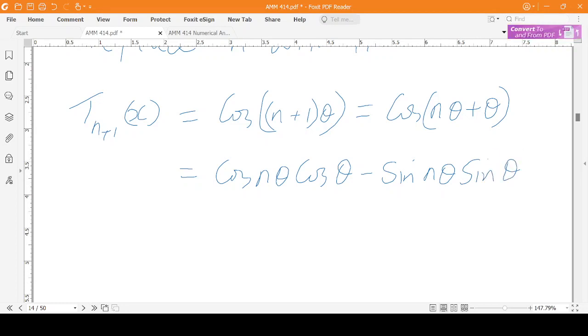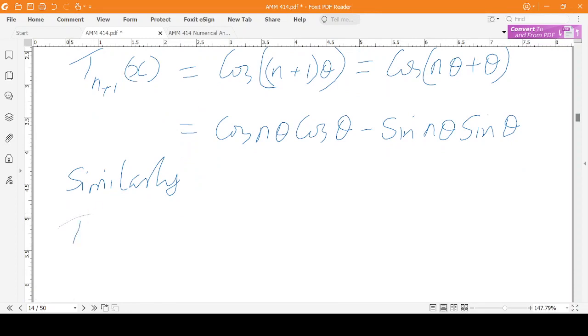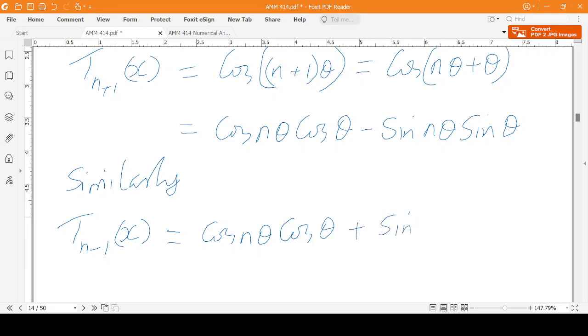Now, if we now replace n plus 1 here with n minus 1, so that we write Tn minus 1 of x, then we shall get cosine of n theta times cosine of theta plus sine of n theta times sine of theta.